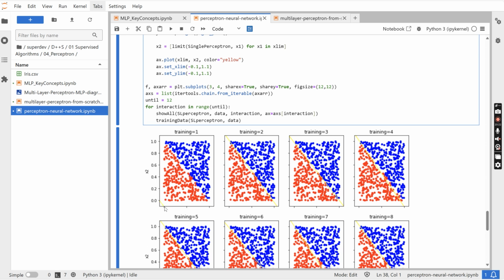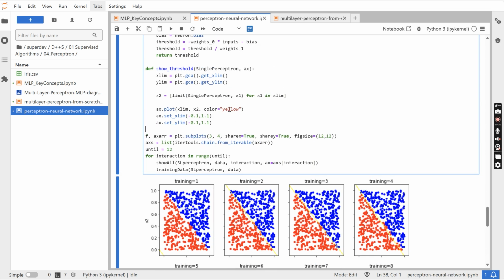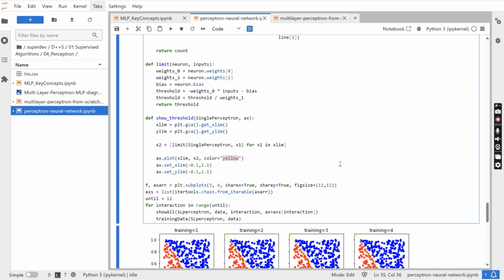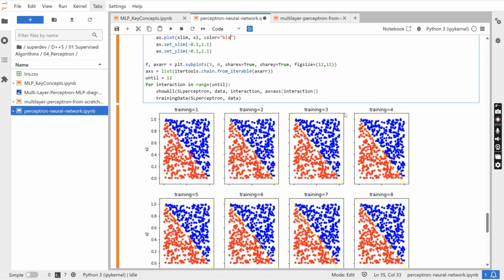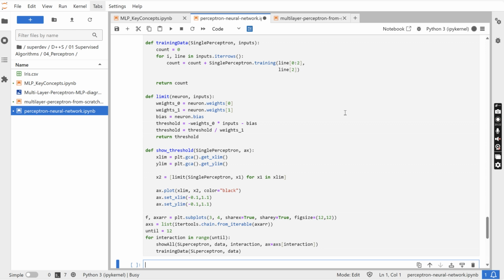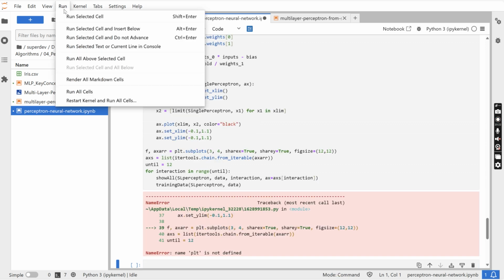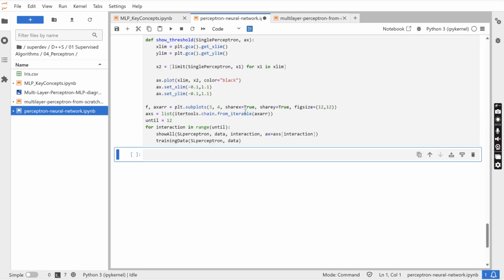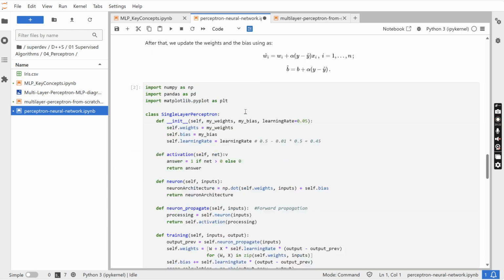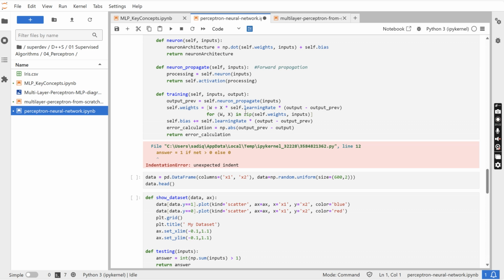I'm sorry, it's not very visible. Let me give the color as black because it's not visible.